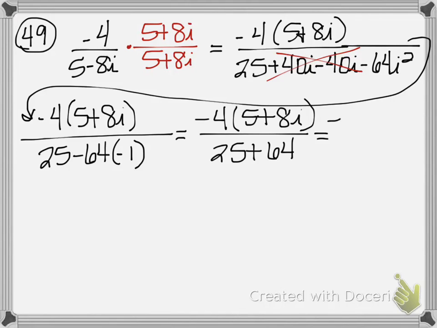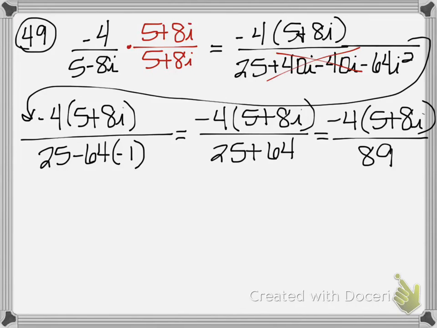And that's going to give me negative 4 times 5 plus 8i all over 25 plus 64, so here would be 9. Looks like 89. And now, because it needs to be in a plus bi form, I'm pretty much done. That's my answer. But now I need to write it in the proper form.